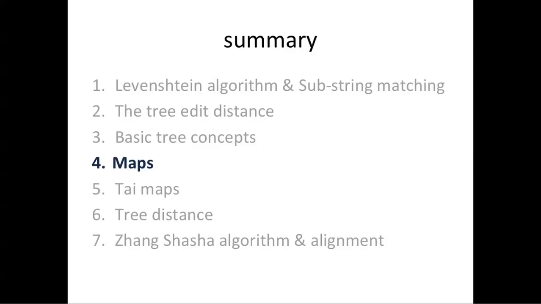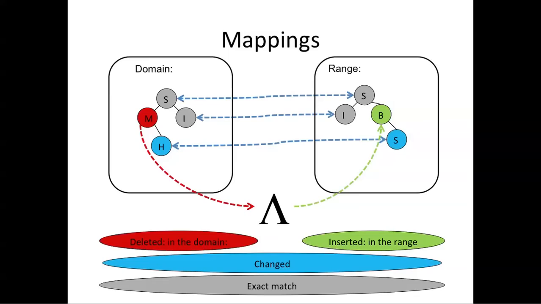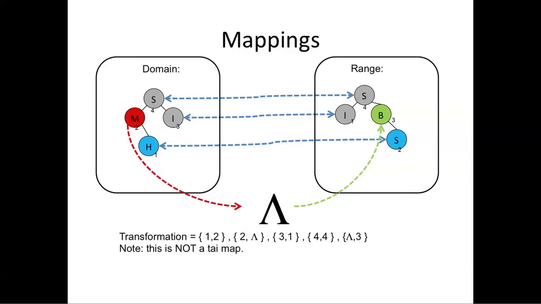Now let's go to maps. The concept of a mapping is very easy to understand. There are nodes that are deleted, there are nodes that are inserted, and there are nodes that are perfectly swapped without changing the content, and others are matched but with the content swapped. Please note that this is not a tree mapping.